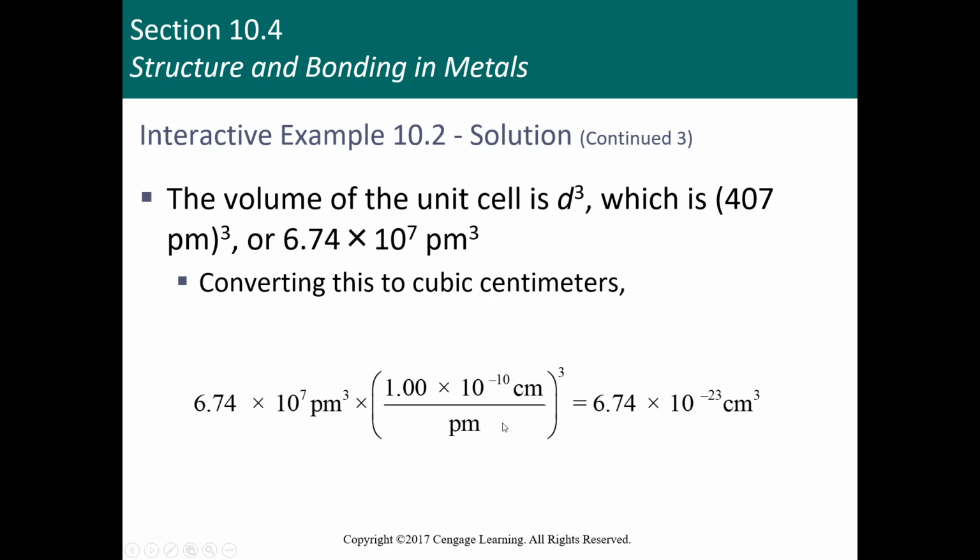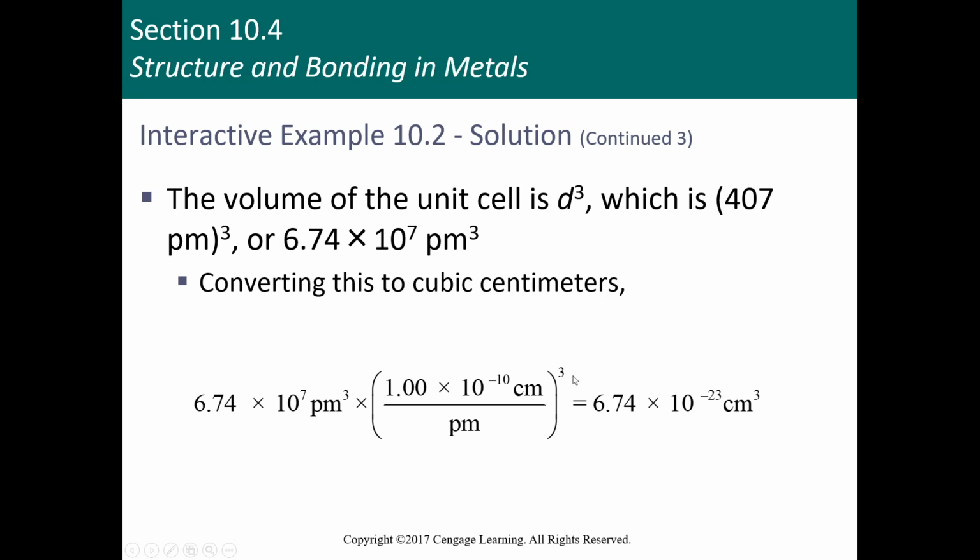So for every centimeter, there is 10 to the 10th picometers, and that's what you're seeing here. You could either write this out as 10 to the 10th picometers for 1 centimeter, or you can write it like so, where it's 1 times 10 to the negative 10th centimeters for 1 picometer.